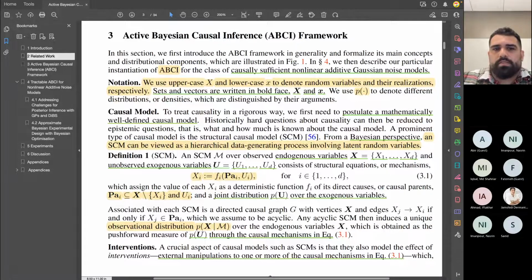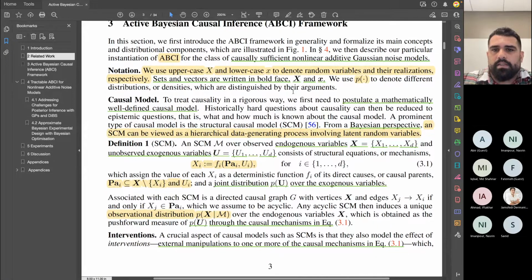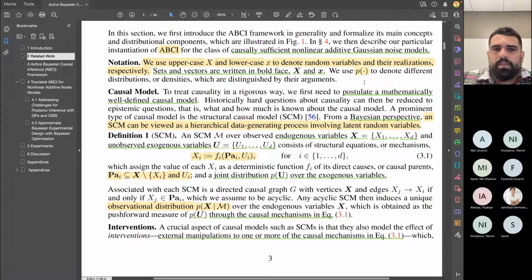If they are bold, it means they are referring to vectors or sets, basically, in the equations, and p refers to distributions or densities.